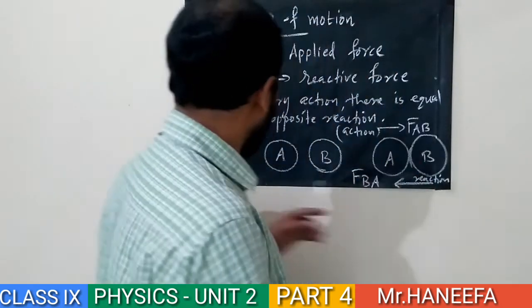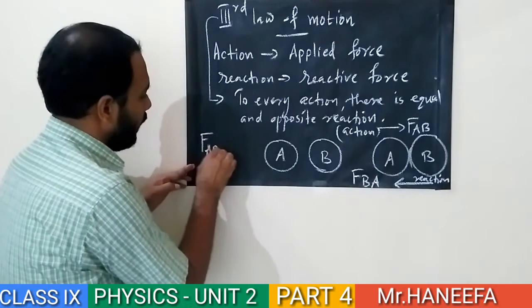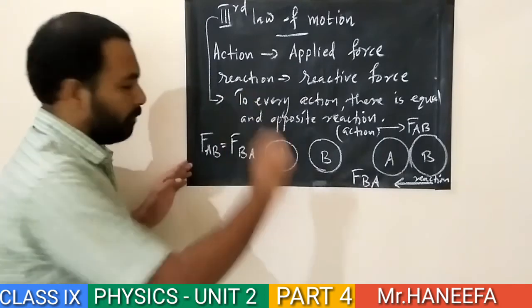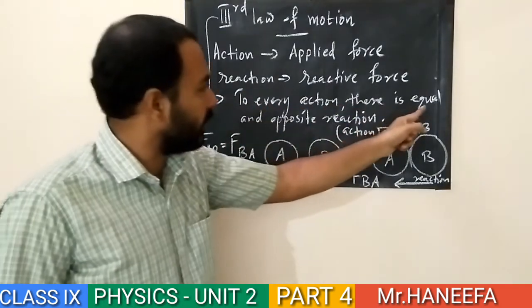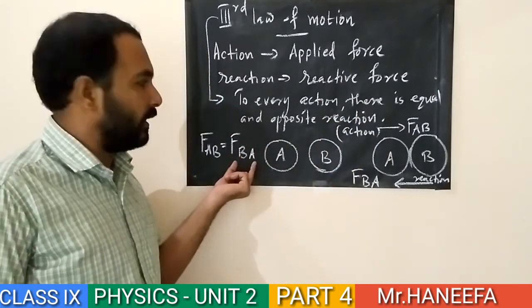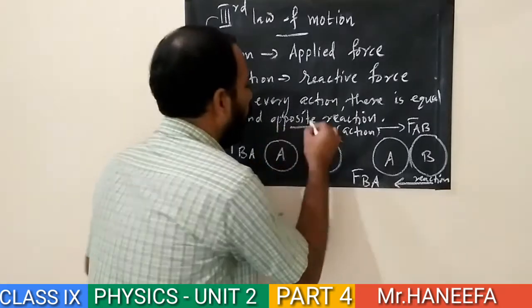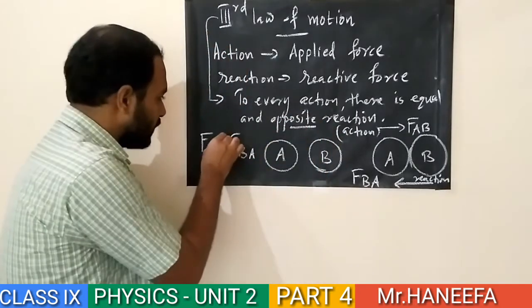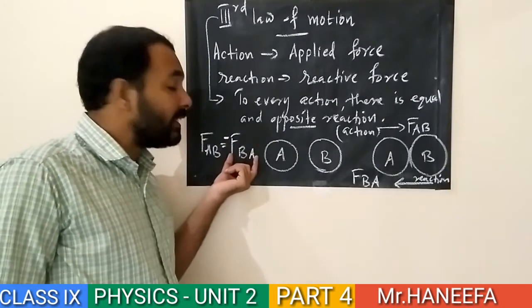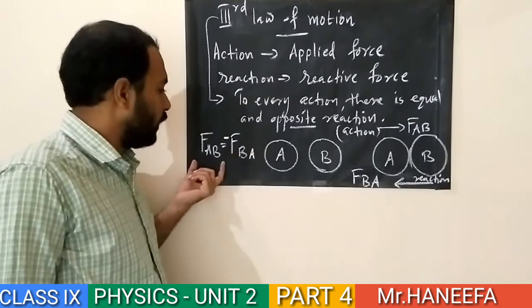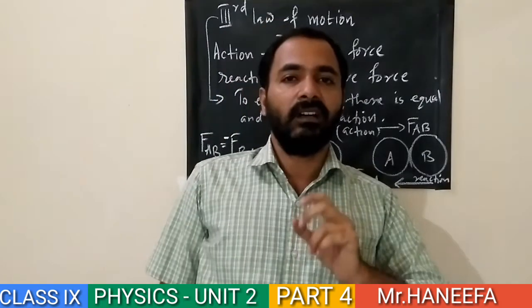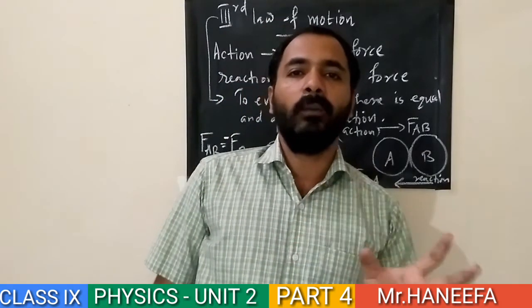Here FAB is equal to FBA in magnitude, but the reaction is opposite. So FAB equals minus FBA. Action and reaction are equal but opposite.